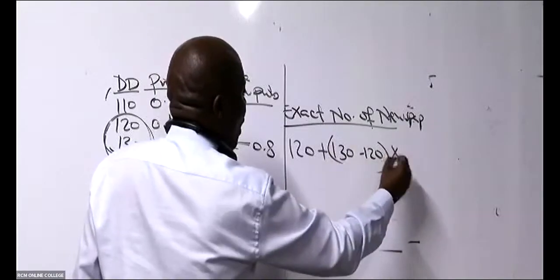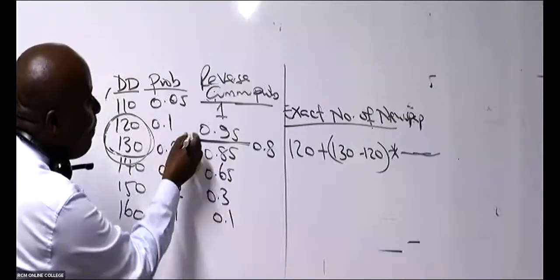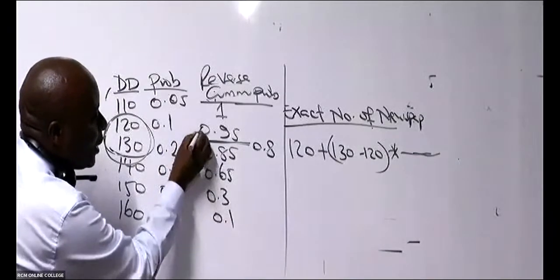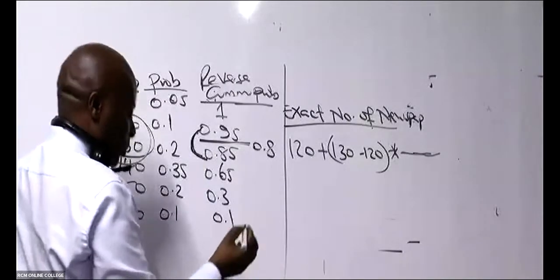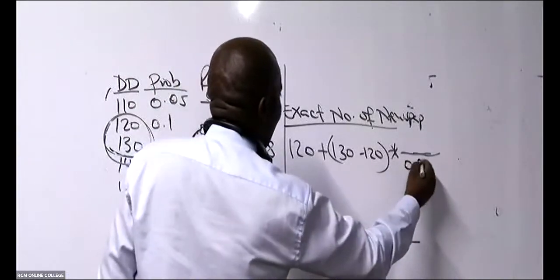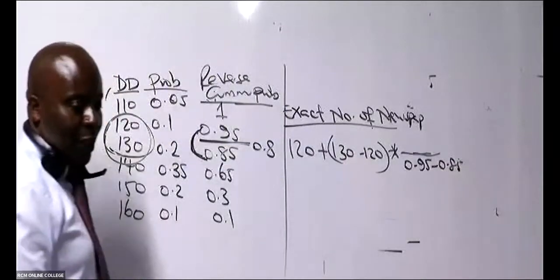And then from there, we do abracadabra. For the denominator, it is the bigger difference, the bigger arc, which will be 0.95 minus 0.85. How about the numerator?